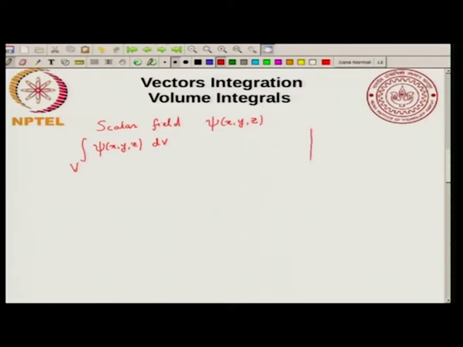So, again we go to our picture. This is our space x y z, and you might have some volume that is shaped like this. I am just showing some arbitrary shape just to emphasize that you do not need to have very symmetric shapes. You have some volume V. Now imagine that within this volume V you take an infinitesimal volume element dV.